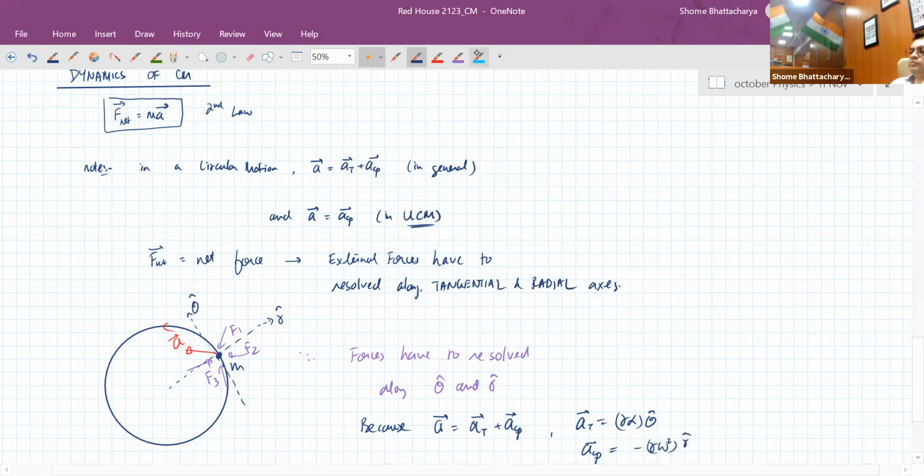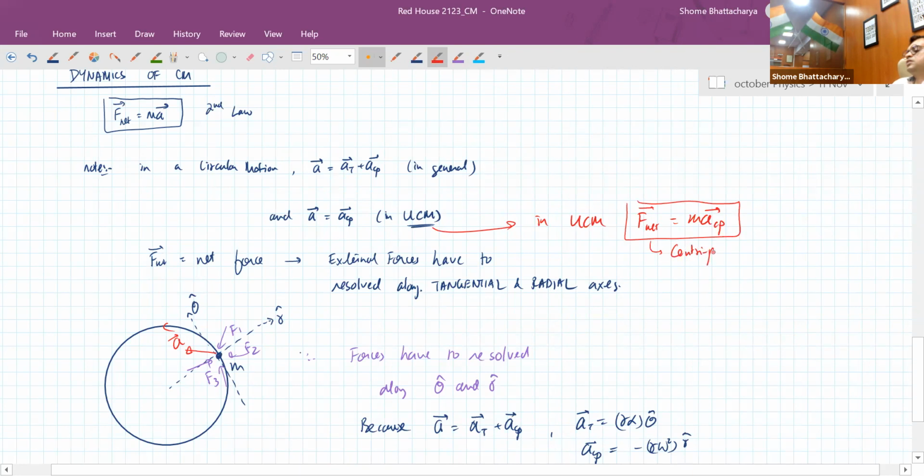Okay. You should also remember the special case of uniform circular motion. So in uniform circular motion, the net force just becomes mass into centripetal acceleration. So in fact, we call this the centripetal force itself.